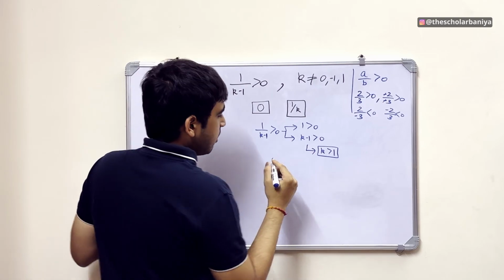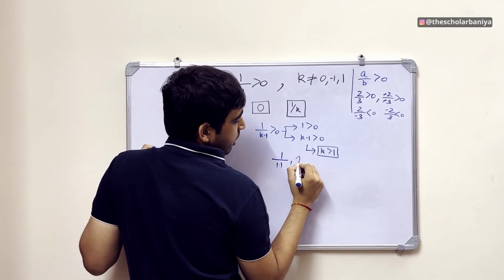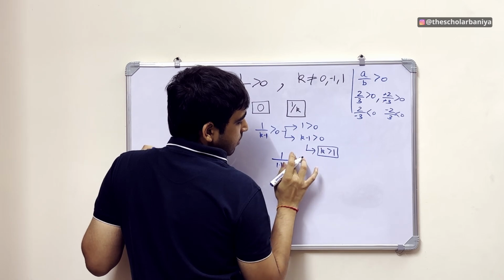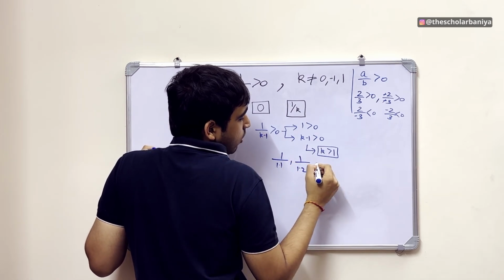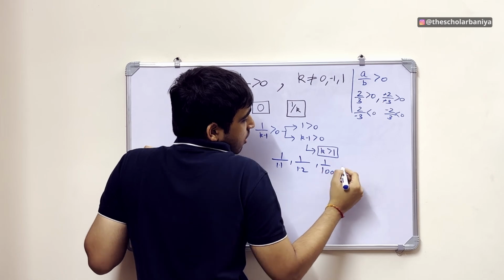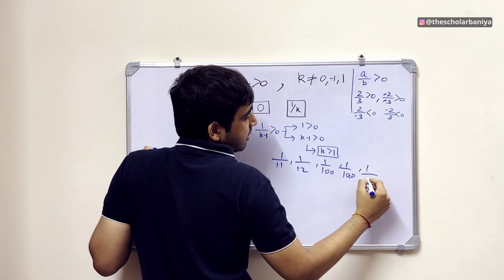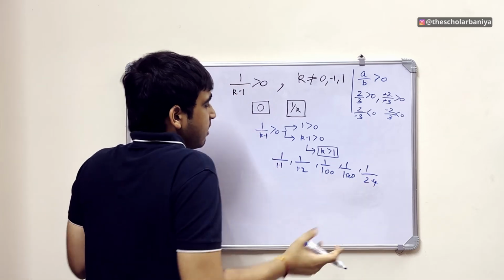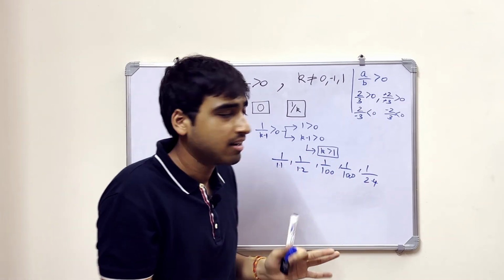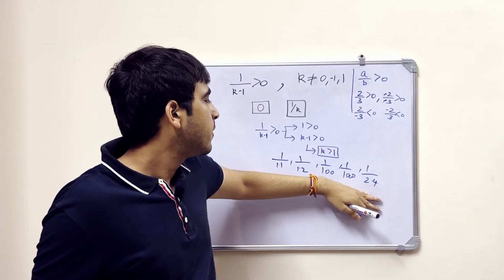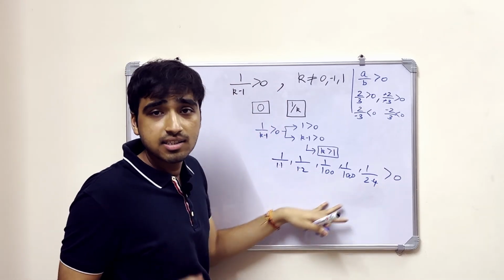For example, maybe 1 upon 1.1, 1 upon 1.2, or maybe 1 upon 100, or maybe 1 upon 1000, or maybe 1 upon 2.4, anything, right? Because k is greater than 1, so 1.1, 1.2, 100, 1000, 2.4, anything. But in any of these cases, this number is greater than 0, right? This number is greater than 0.